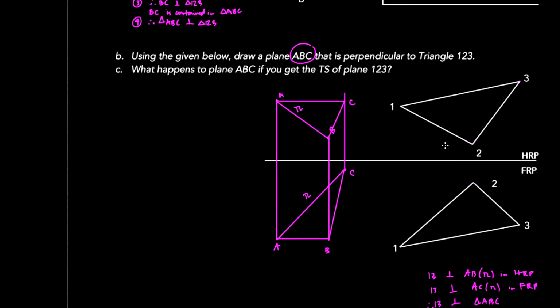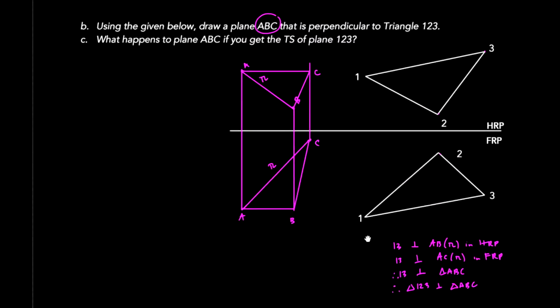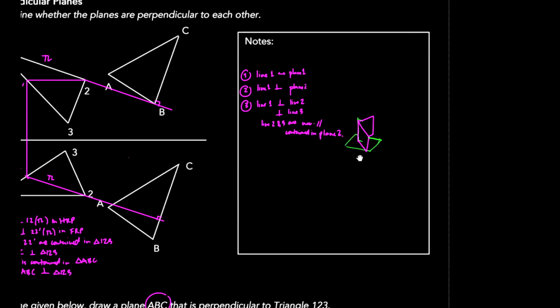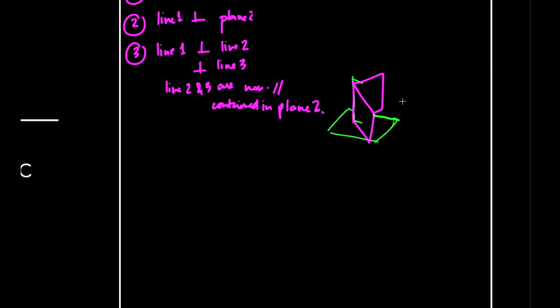Now, what happens to plane ABC if you get the true size of plane 1, 2, 3? You will, parang, imagine it from this one, no? Yung sinabi natin flagpole and the flag. So kung ito yung base, tapos ito yung flagpole natin, tapos ito yung flag.